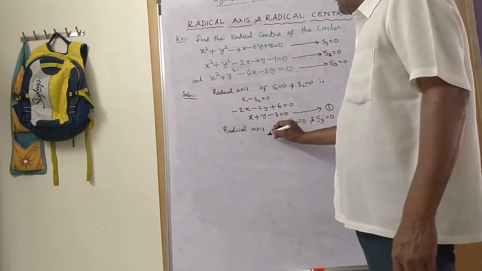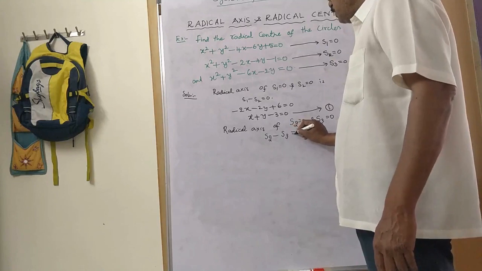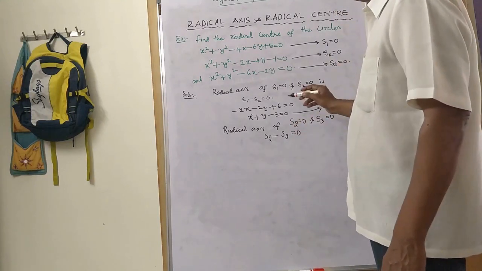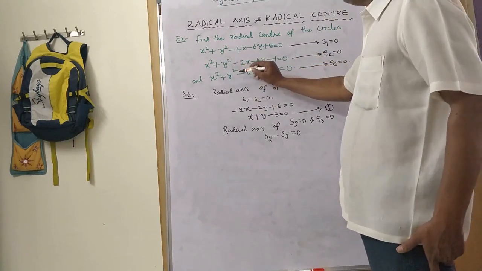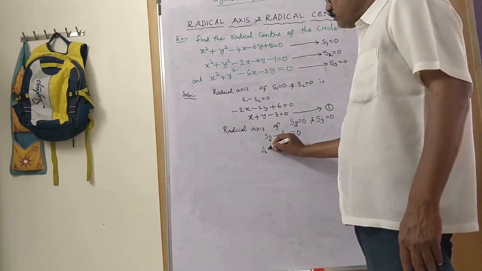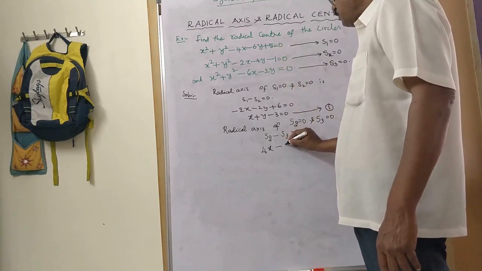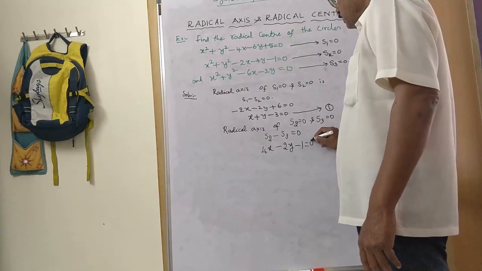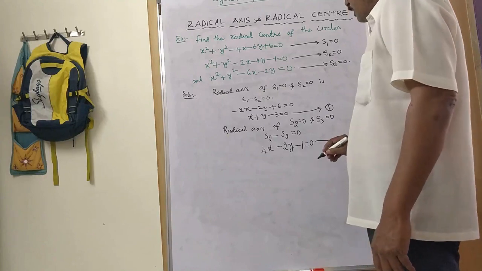From this, it is S2 - S3 = 0. You can write like this also. So I am subtracting S2 - S3. x² gets cancelled, y² cancels. -2x plus 6x is 4x. Right? -4y plus 2y is -2y. And -1 is equal to 0. This is our second equation.